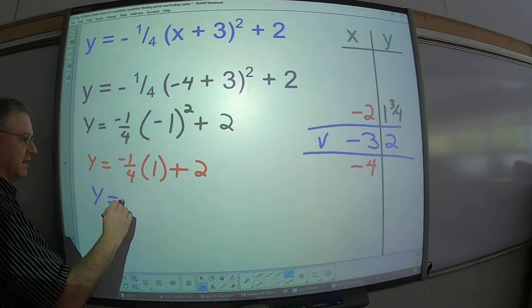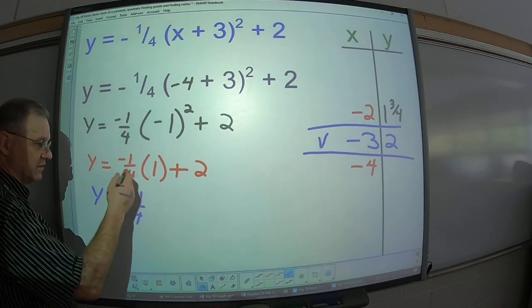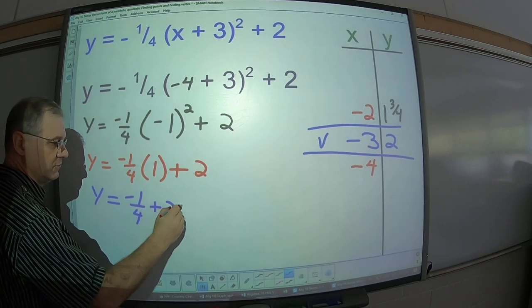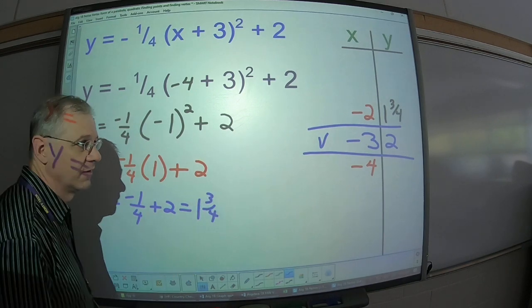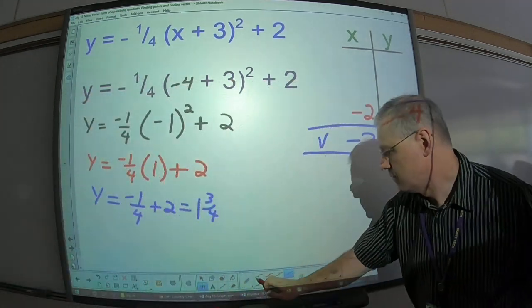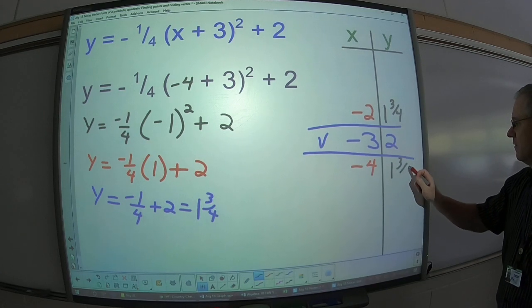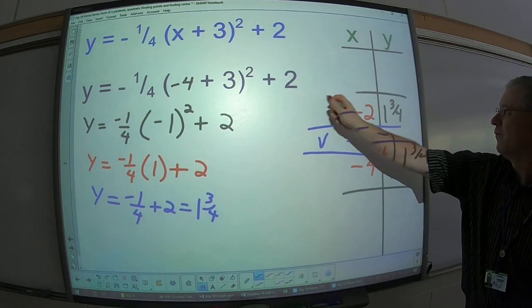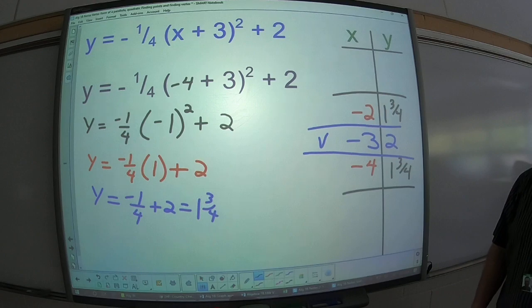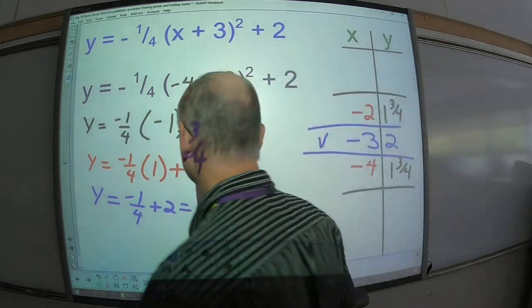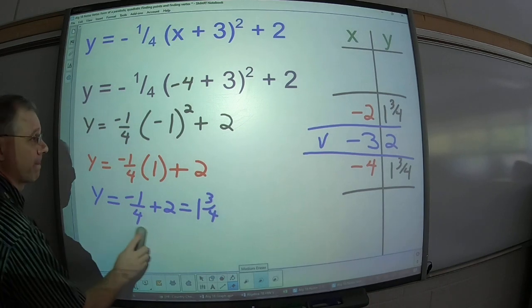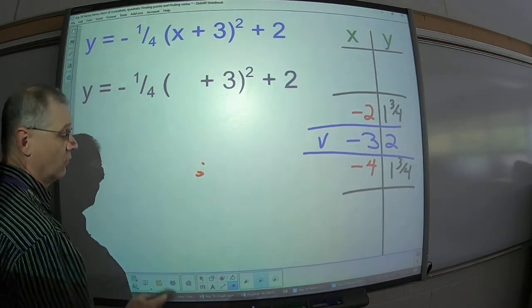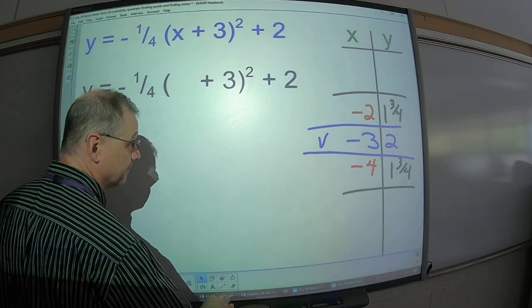Again, we get -1/4 times 1 is -1/4, plus 2 gives us again 1 3/4. Now that is going to be more difficult to graph. Let's see what we can do to make this better. Let's go out a little further here.